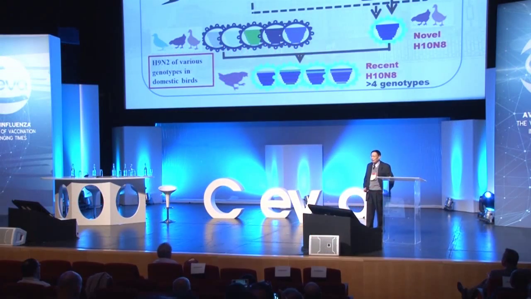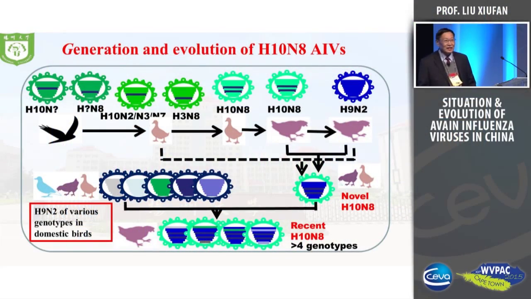This was transferred to chickens, and there reassorted with H9N2 virus to get the internal genes, generating the novel H10N8 virus circulating in both and causing human disease.